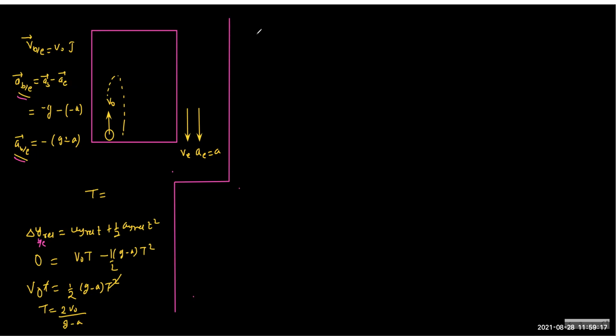Once again, delta y of the ball with respect to the elevator is u of the ball with respect to E plus half a_BE t squared. That's it, it's so simple. And we know that in the elevator frame, the ball has come down to the same level, so it's zero. You can think of this as the origin in the elevator frame.